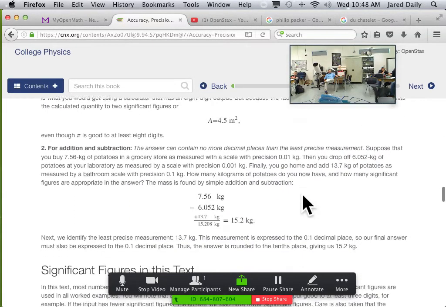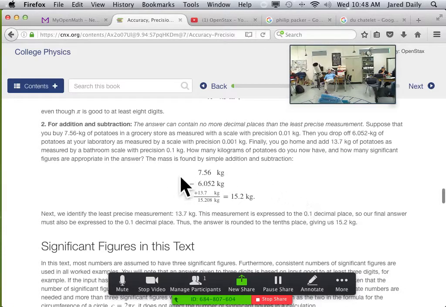Here's an example with addition. We have two measurements in kilograms, 7.56 kilograms, which tells us they were able to measure to hundredths of a kilogram. But this number tells us they were able to measure to thousandths of a kilogram. Now when we add these two numbers together, what kind of precision can we claim that we have?